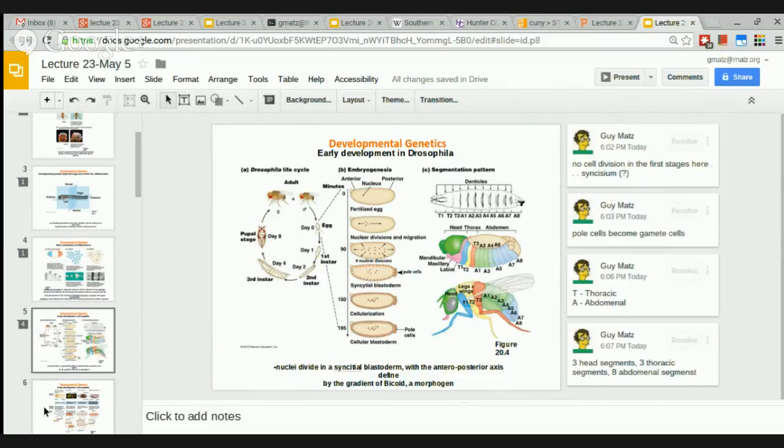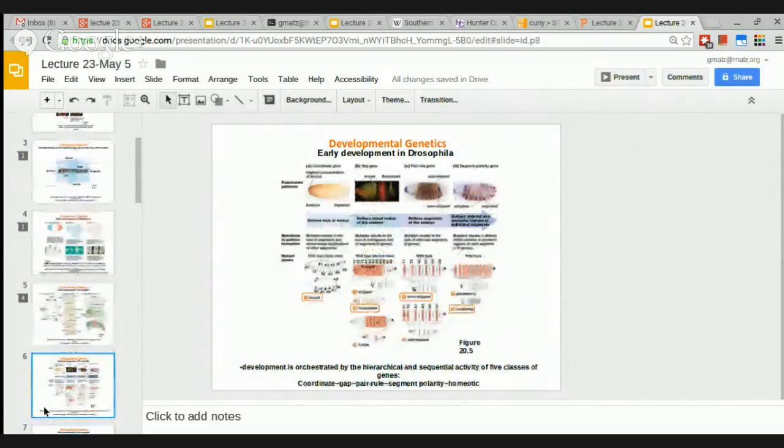So before I go on, let's go through a first broad view of development. Because what we're going to see here is that development occurs, as I just told you, in specific stages and is orchestrated by a hierarchy of genes that can be classified in different categories.